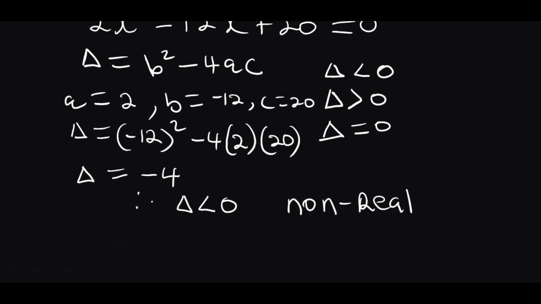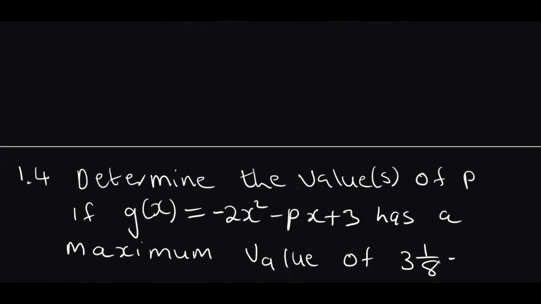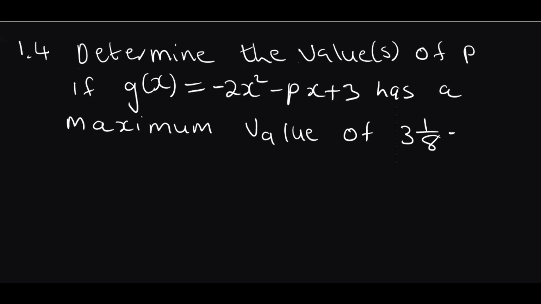Right. Now let us move on to 1.4. Determine the values of p if g at x is equal to negative 2x squared minus px plus 3 has a maximum value of 3 and 1 over 8.